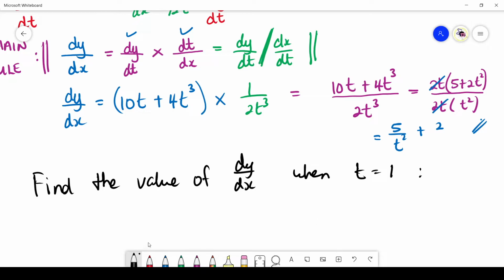And because you already have found an expression for your gradient, dy/dx, and it was in terms of t, I'm going to use a simplified version here.